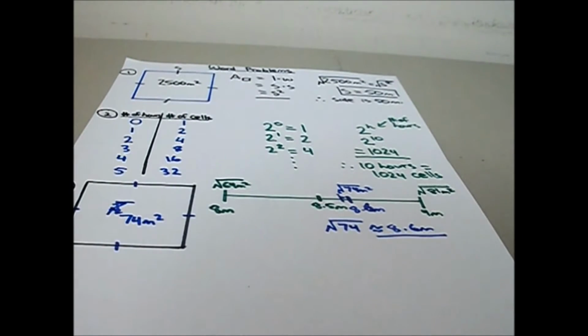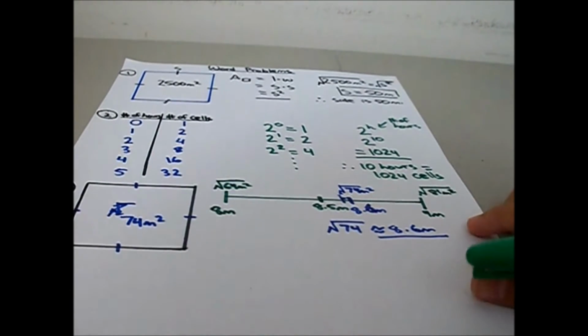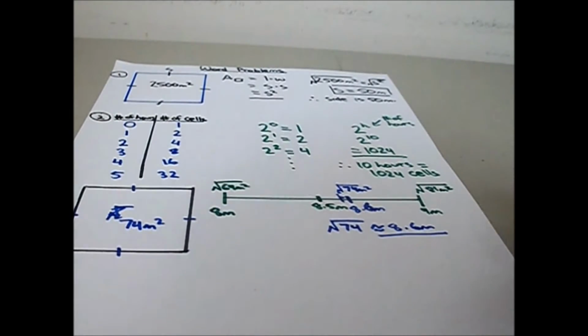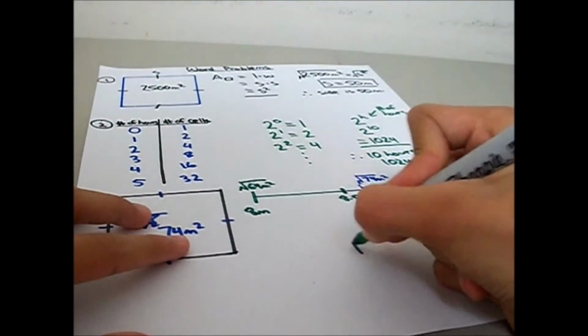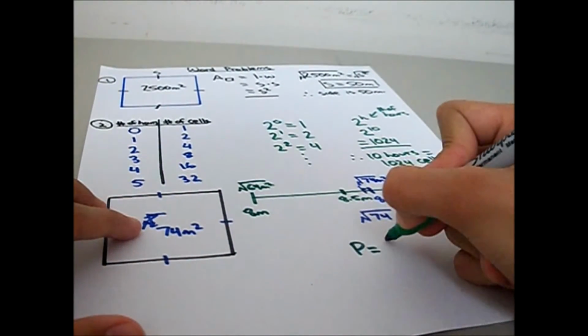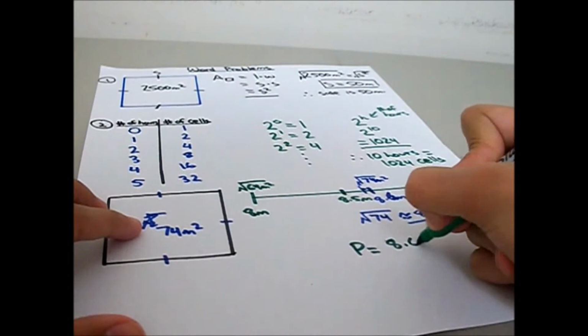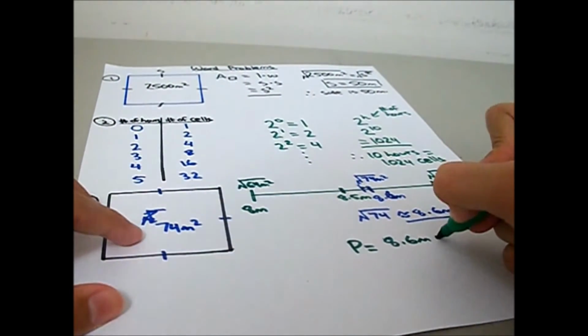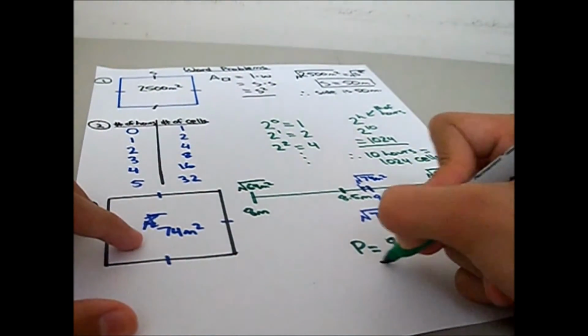Now that we know that one side length is equal to 8.6 meters, we need to find the perimeter of the garden. So to do that, we'll just add up 8.6 meters. You can multiply by 4 since all sides are equal.